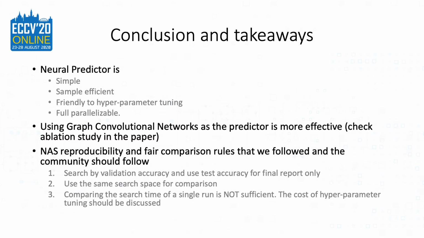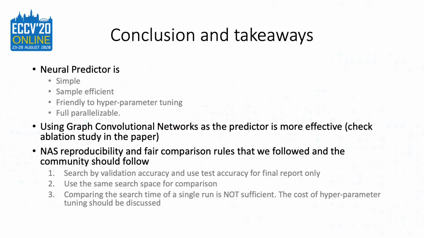Conclusion and takeaways. Neural Predictor is simple, sample efficient, friendly to hyperparameter tuning, and fully parallelizable. Using graph convolutional networks as the predictor is more effective. For the purpose of reproducibility and fair comparison of NAS methods, we followed, and the community should follow, the following rules.